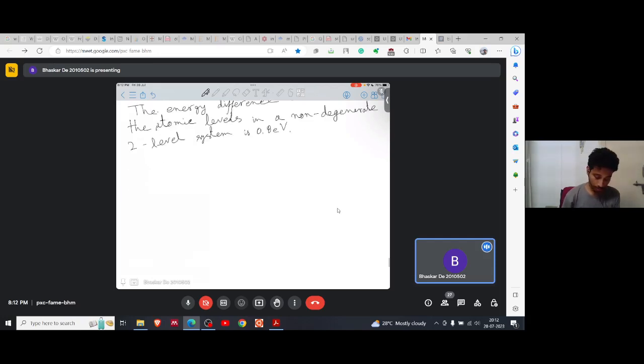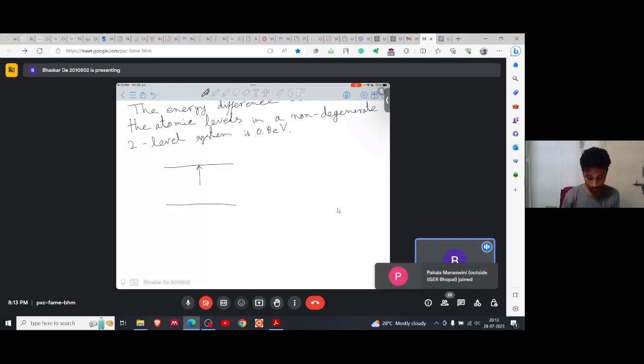So this is a two level system and the energy gap between these two levels is 0.8 eV.